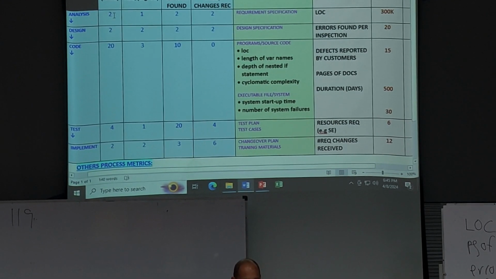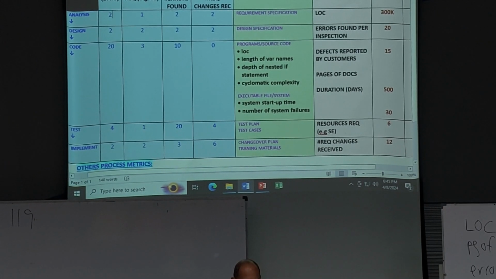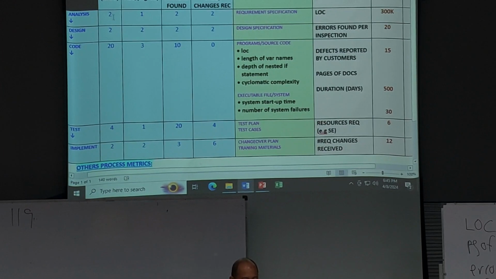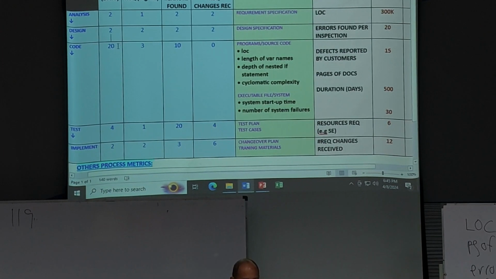Example here. For process metrics, 2 days is needed to do analysis, 2 days for design, 20 days for code, 4 days for test, 2 days to do implementation.